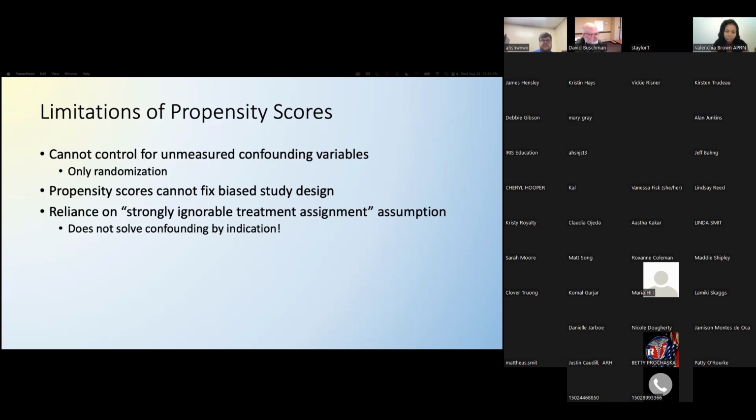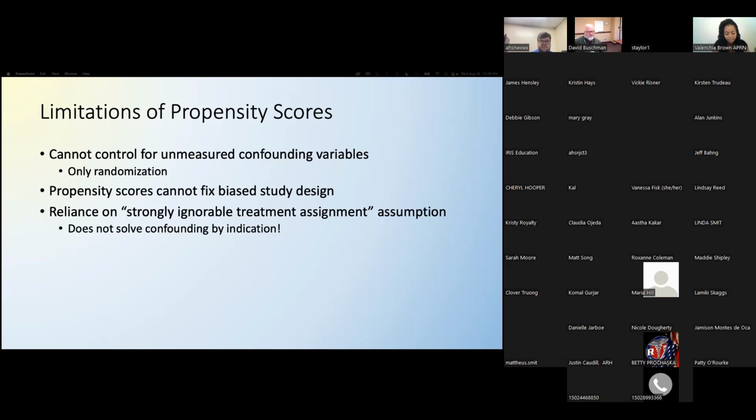So that's what confounding by indication means. In this case, propensity score adjustment is probably not a good technique to use, because it's not a quote unquote strongly ignorable treatment assignment.